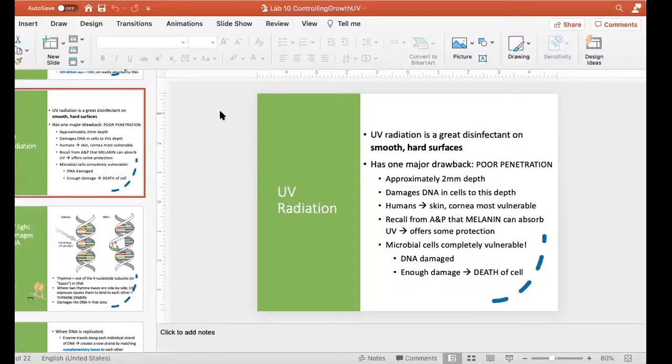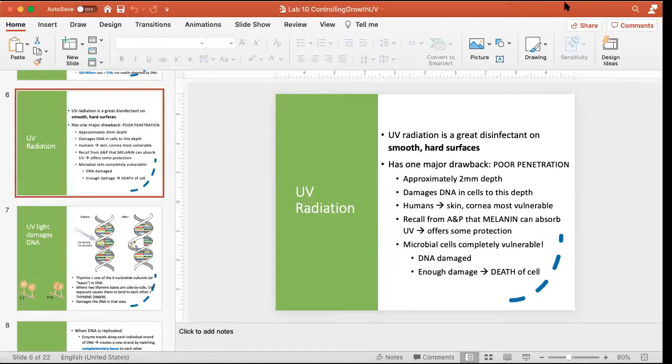If you remember the last time that we were together, we talked about this physical method of ultraviolet radiation, and we talked about where ultraviolet radiation falls on the scale, the spectrum of different types of electromagnetic radiation, all the way from gamma rays to AM radio waves.